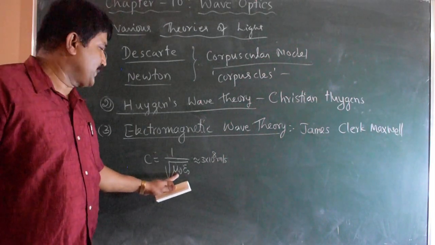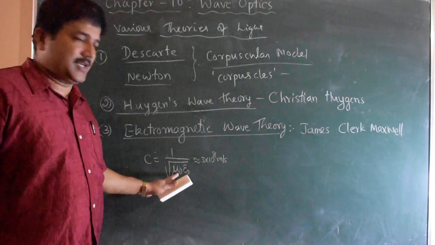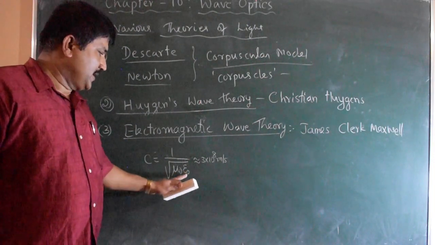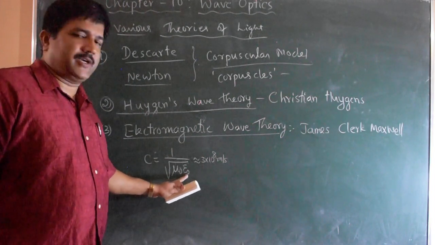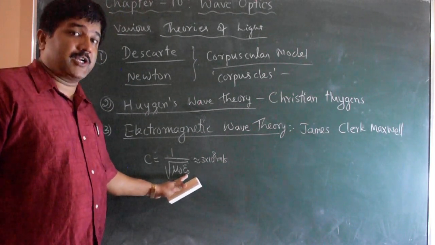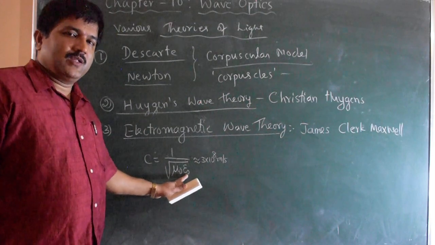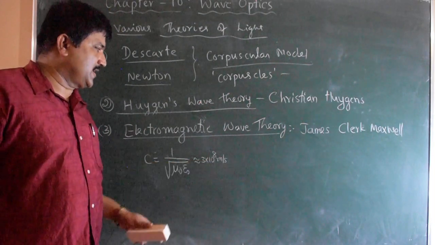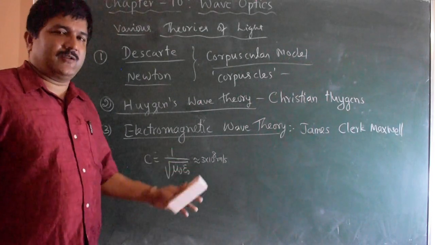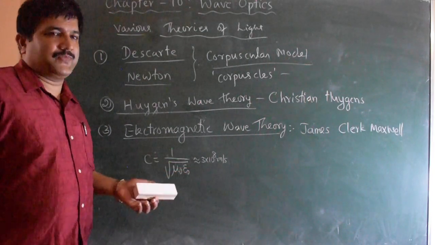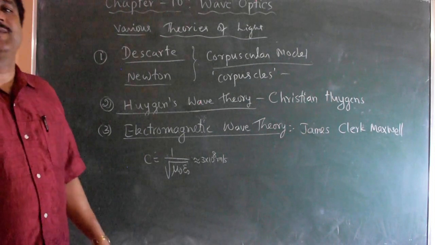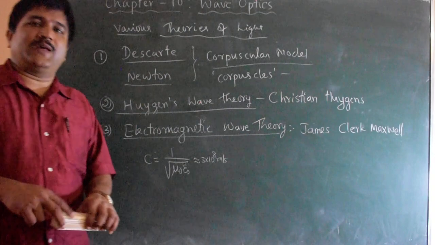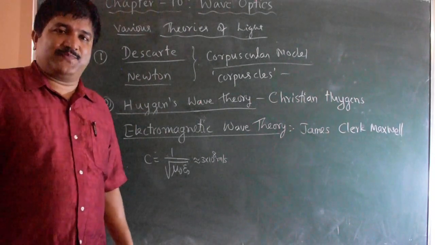Mu naught is 4 pi into 10 raised to minus 7, and epsilon naught is 8.854 into 10 power minus 12 farad per meter. If you substitute these two numbers, you get it. This is the expression given by Maxwell, with the help of a set of equations connecting electricity and magnetism.